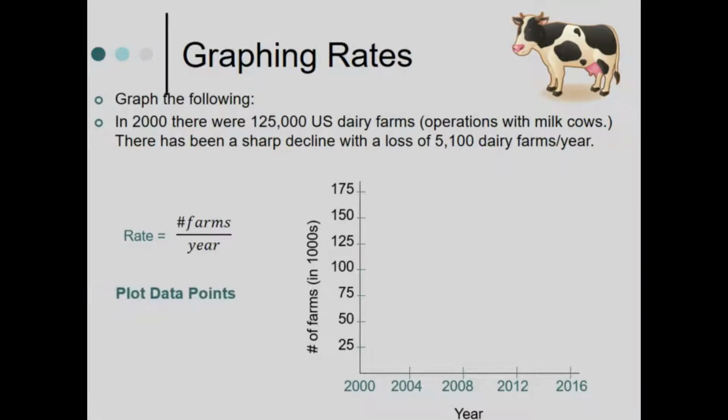And to graph this, to answer the question as well, we need a couple points. Well, the problem gave us the number of farms in 2000, so we have 1 point. To find another point for the year 2016, we know that 16 years have passed, or the difference between these two.